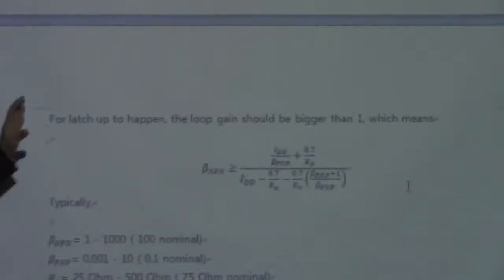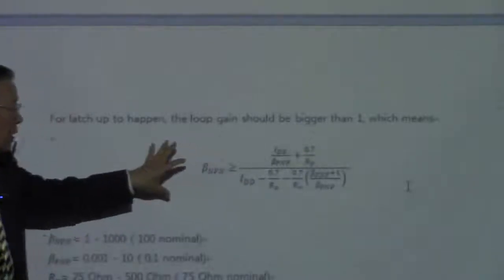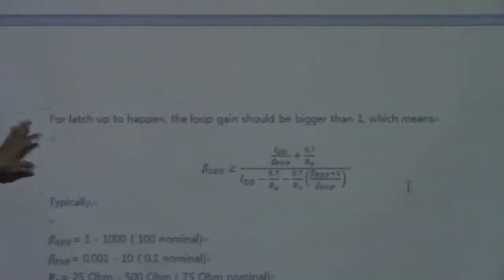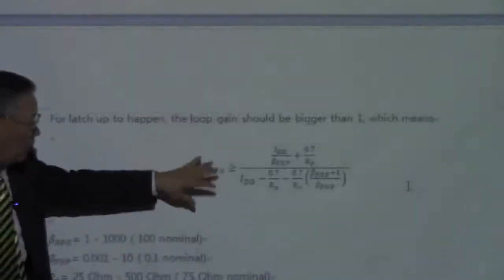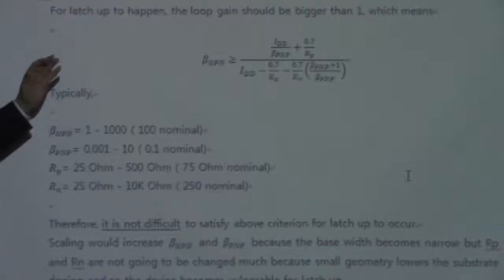We have to think that latch up can happen in real practice, and then the criterion which has been derived by the Stanford University PhD, if you believe this criterion, then the current CMOS structure is very vulnerable to the latch up.